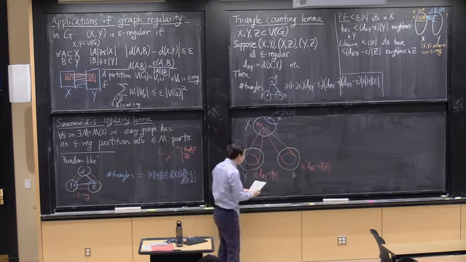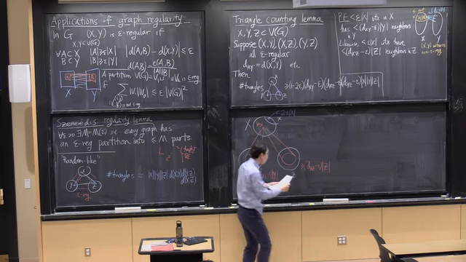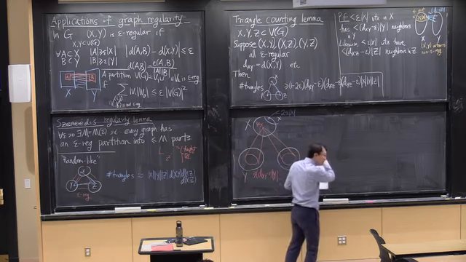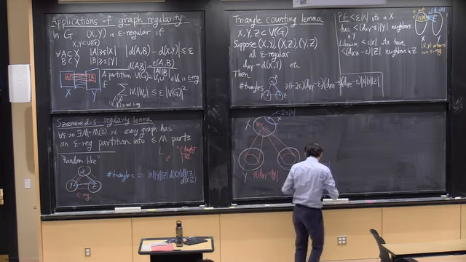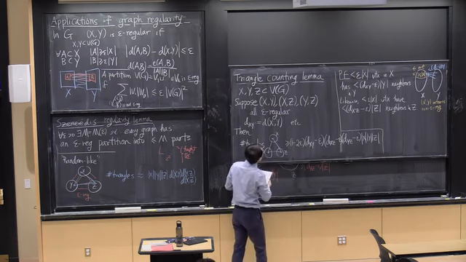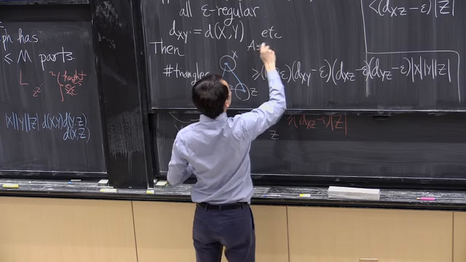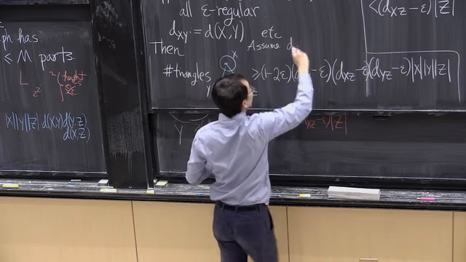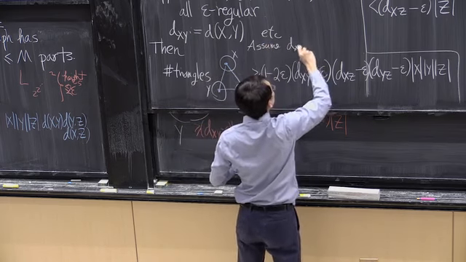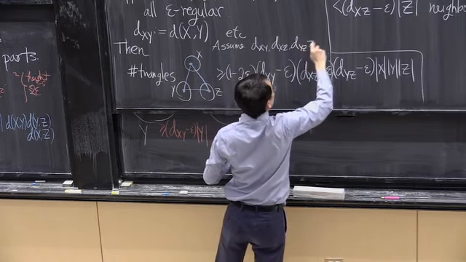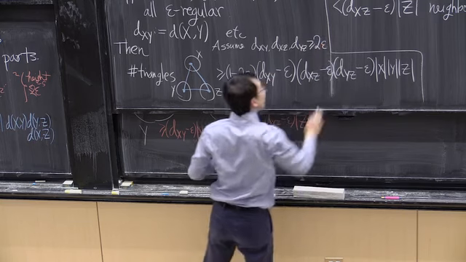So now I realize I'm missing a hypothesis in the counting lemma. Let me assume that none of these edge densities are too small. They're all at least 2 epsilon.